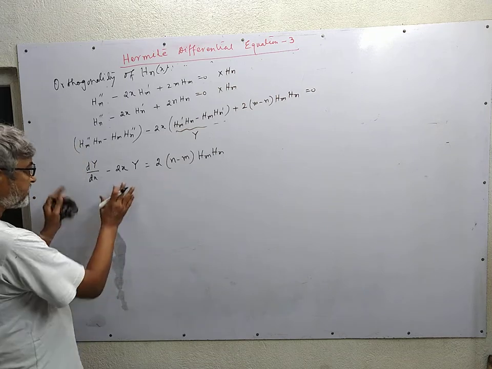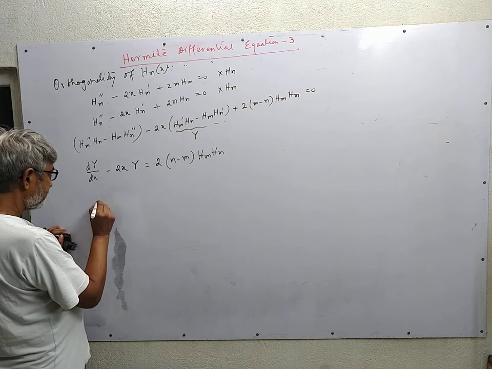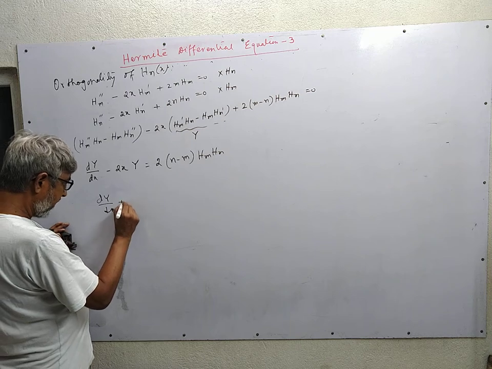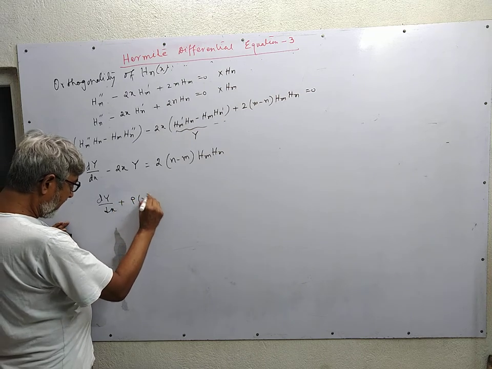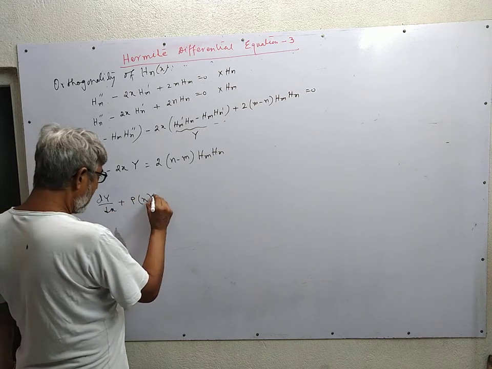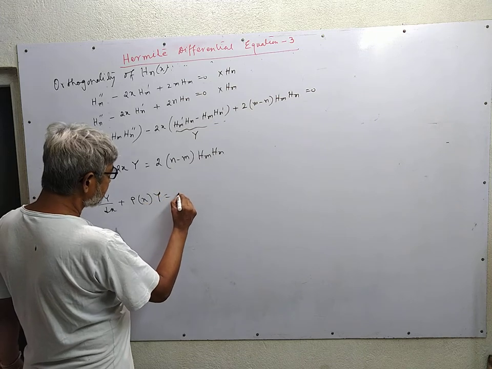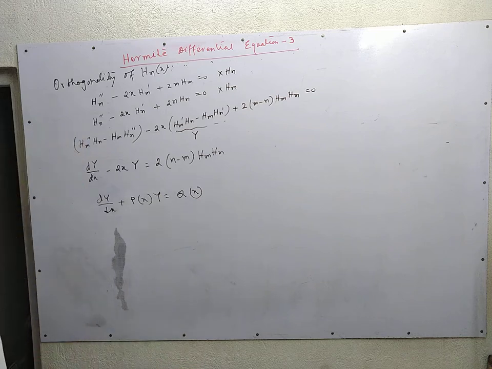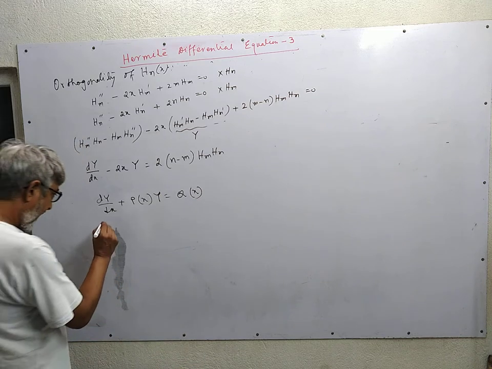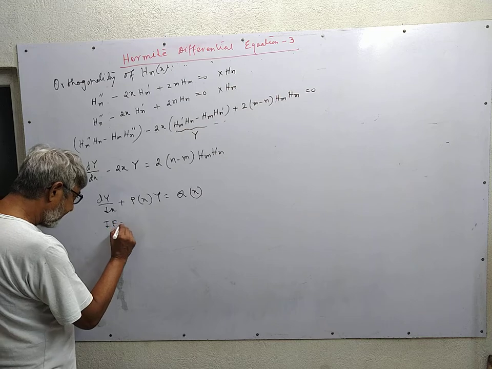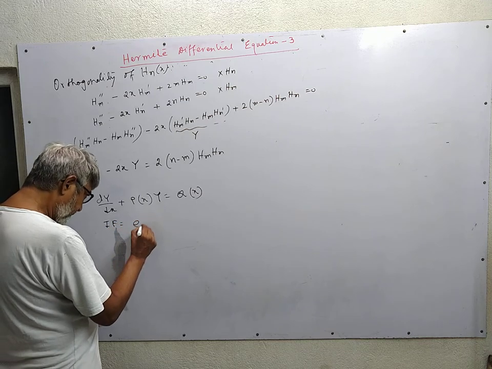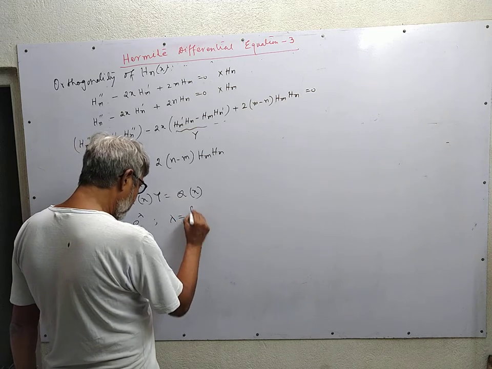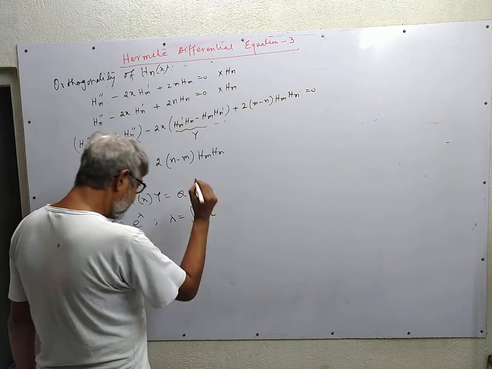Because this differential equation is of the form dy/dx plus p of x times y is equal to some q of x, we know that the integrating factor is e to the power lambda, where lambda is the integral of p dx.